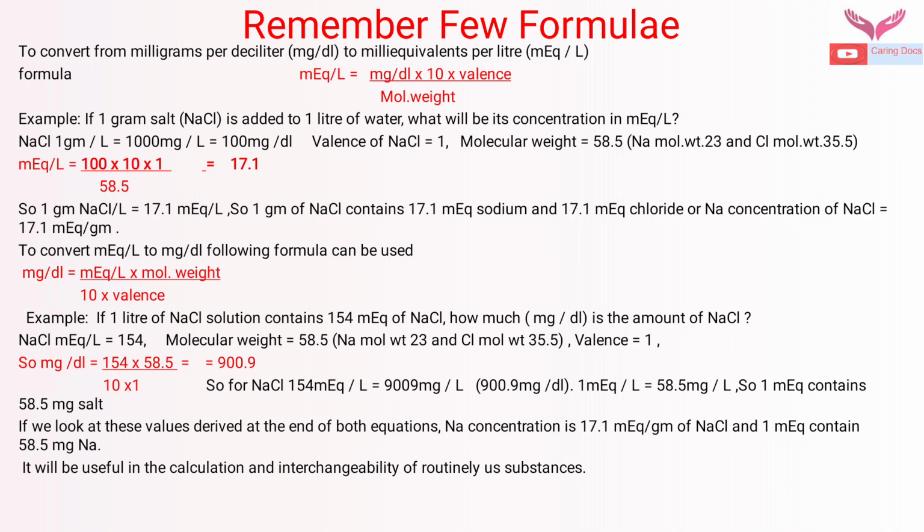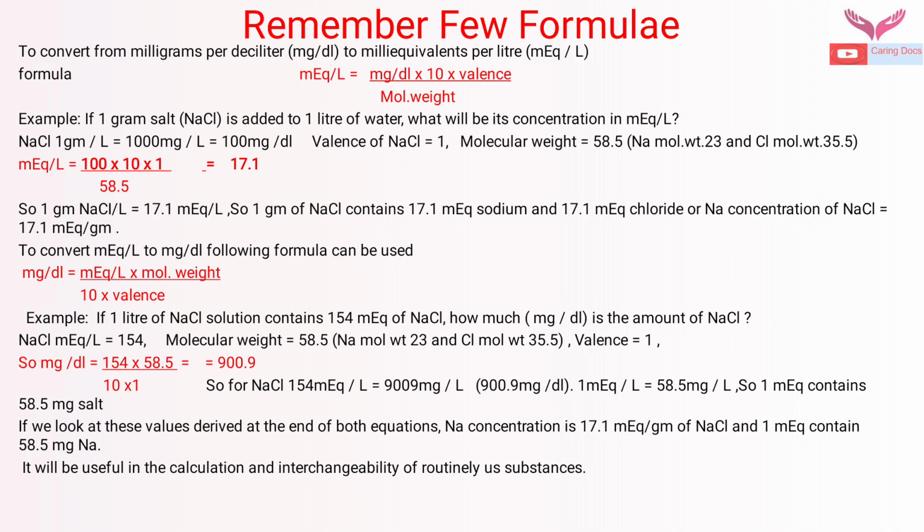Molecular weight is 58.5 because sodium has a molecular weight of 23, chloride has a molecular weight of 35.5, and if we combine both, we get the molecular weight of sodium chloride as 58.5. If we apply this in the formula, we get 17.1.